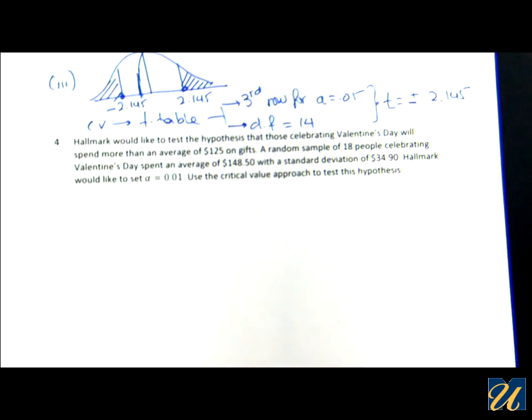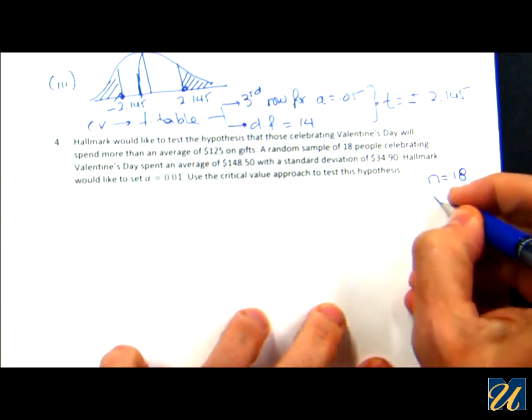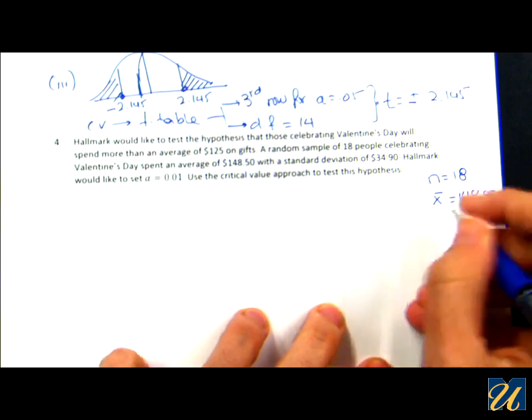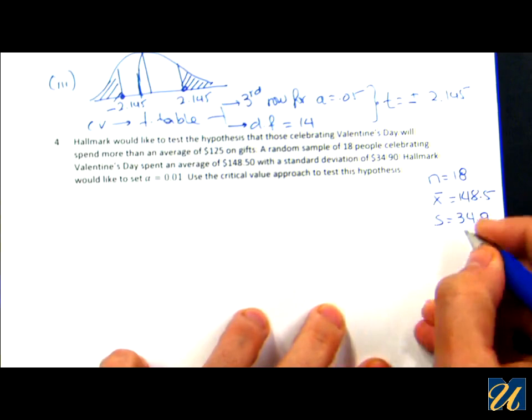Now, for problem number 4, you are given n equal to 18, x bar equal to 148.5, s equal to 34.9, and alpha equal to 0.01.